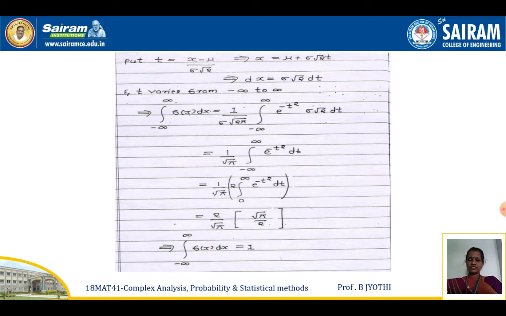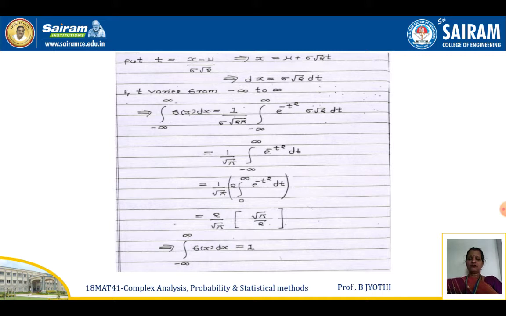So we get the equation as 1 upon sigma into root 2 pi, integral from minus infinity to plus infinity of e power minus t square, sigma root 2 into dt. This sigma root 2 will get cancelled with the left hand side, that is, outside the integral. So we get only 1 upon root pi into the integral from minus infinity to plus infinity of e power minus t square dt.